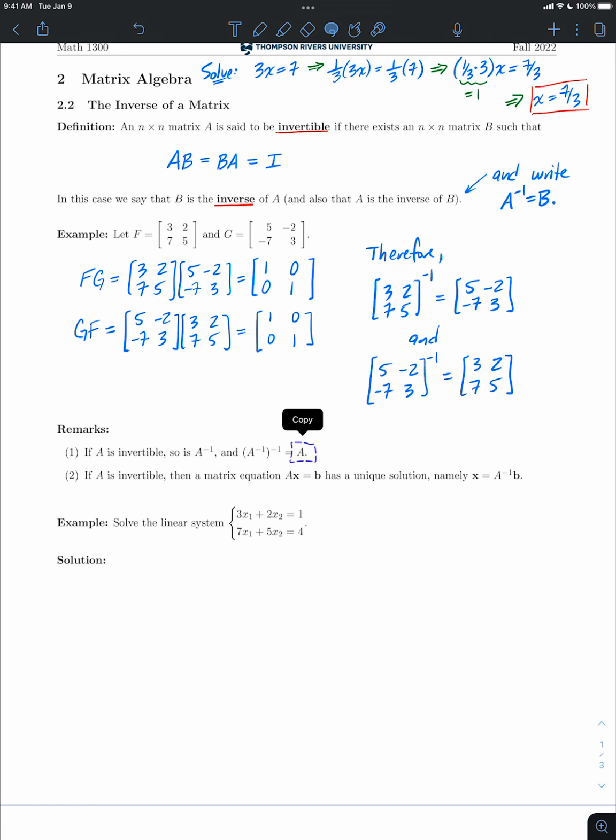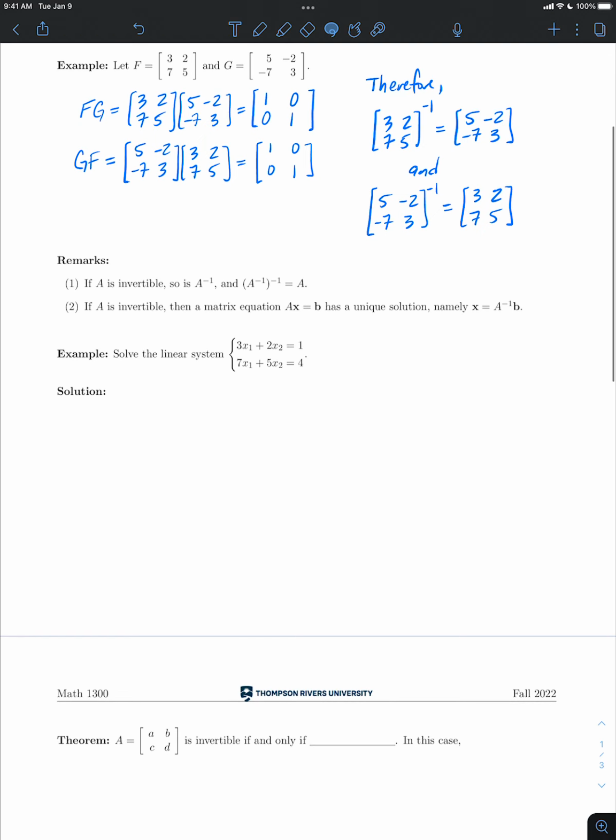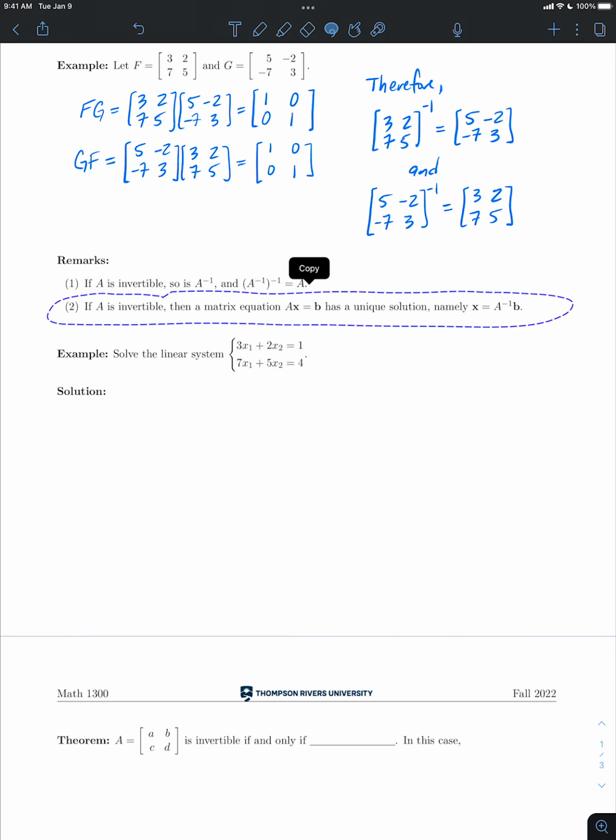That's the first remark, but the second remark lets us know right away we have an immediate application of matrix inverses. If you have an invertible matrix A, and you look at some matrix equation for which A is the coefficient matrix, you can immediately solve that equation without having to do any row operations, assuming you actually have the inverse.